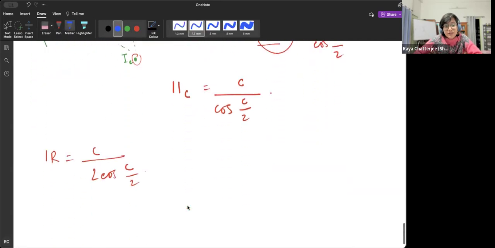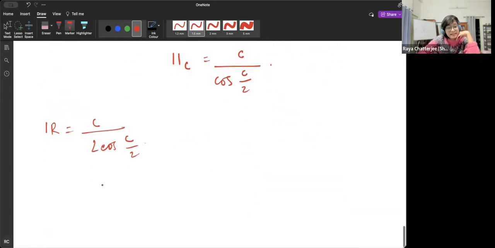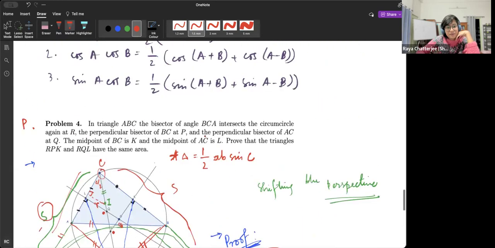Okay. So IR is c over 2 cos(C/2) because IR is half of IIC. And again, I can say that CR is CI plus IR. Do you guys see why? See, it's just simple.